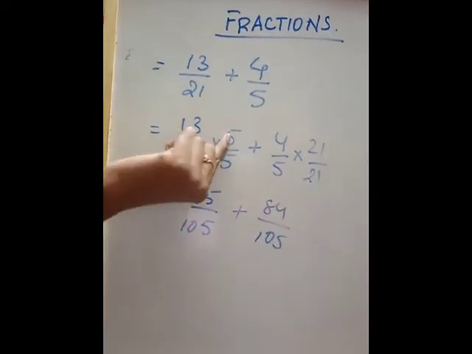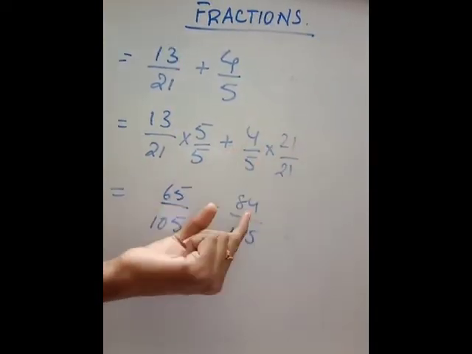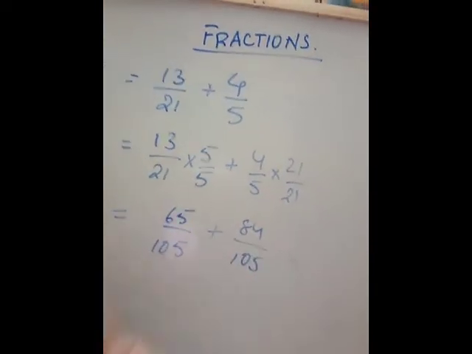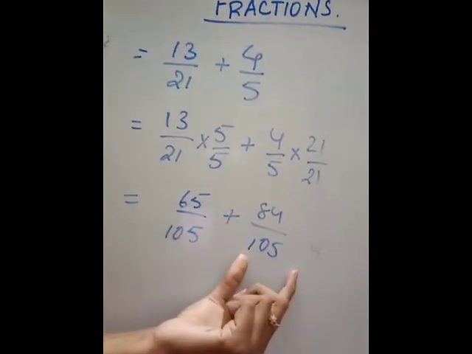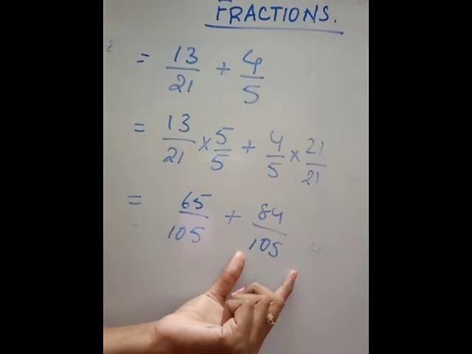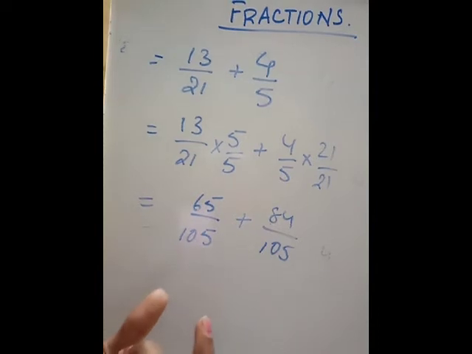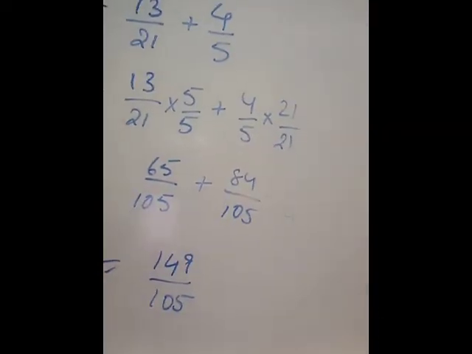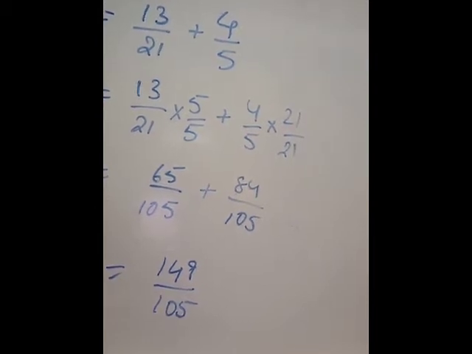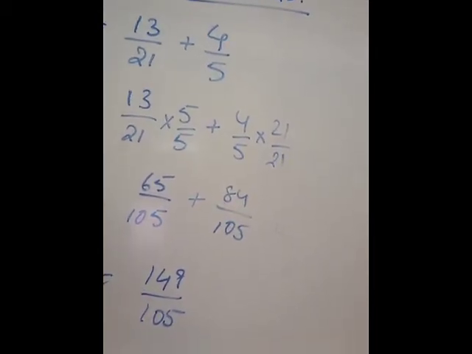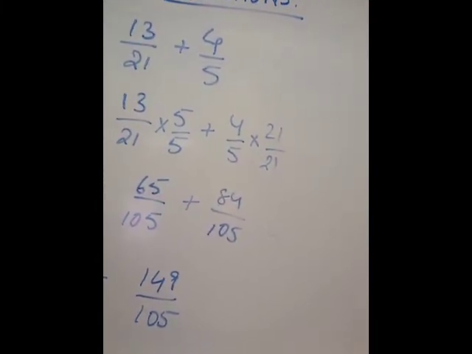So 13 5s are 65, 21 5s are 105. 4 21s are 84, 5 21s are 105. Here you observe both the denominators are the same. So these are like fractions. How to add the like fractions? Just add the numerators with the same denominator. So what is the answer? 149 by 105. In this way you have to do the additions of like fractions and unlike fractions.